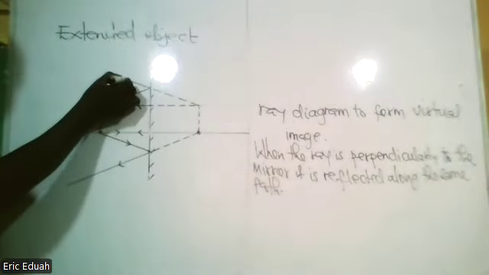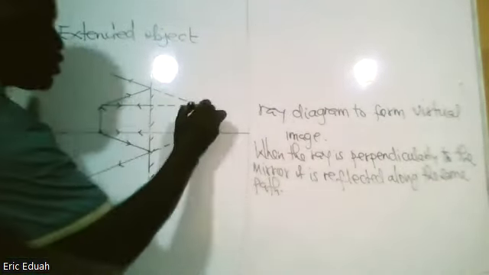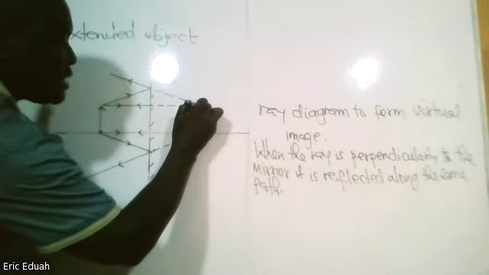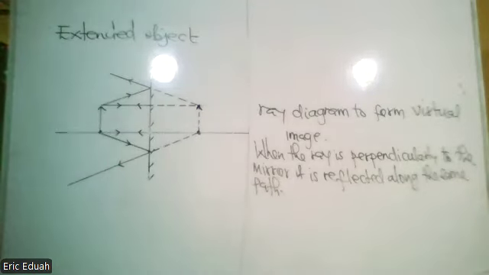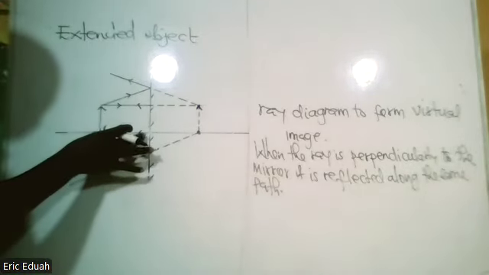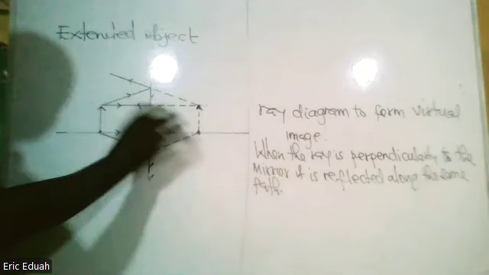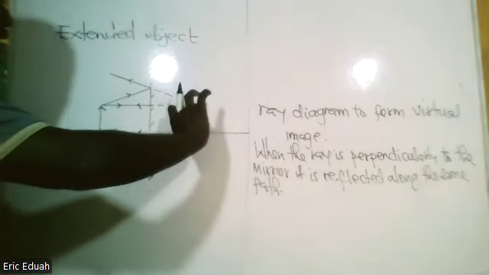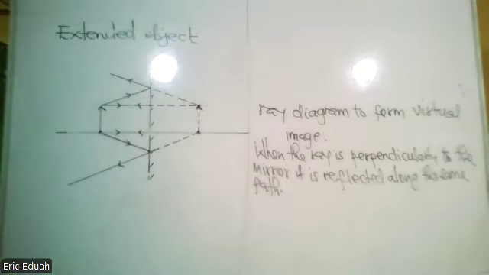This is the reflected ray. And so this position becomes the head. By this, object distance equals image distance. Object height equals image height.